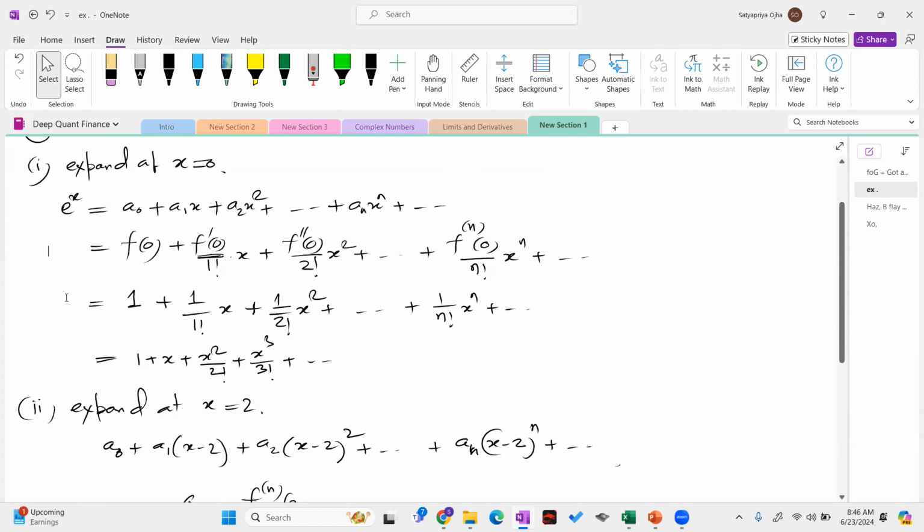But a more interesting limit is this. Limit x tends to 0, e to the power x minus 1 divided by x. You can clearly see e to the power x minus 1, then divide by x will be 1. Because we start with 1, then one of the x will get cancelled, and when you put x equal to 0, you'll have 1. Everything else will vanish.